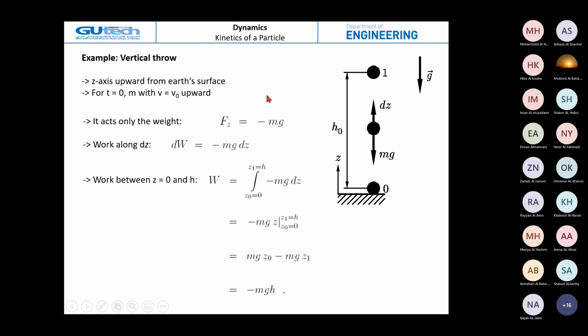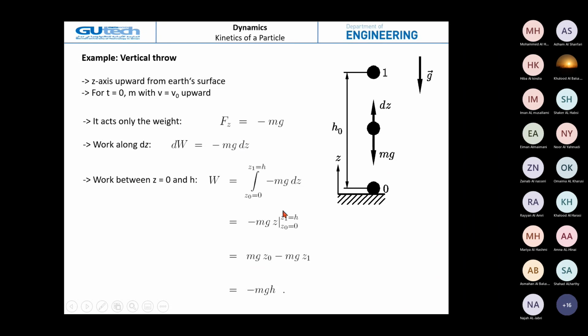Now, if we apply the principle, only the weight acts, as Fz in the direction of z, which will be only minus mg. This is the force we get here, in the same direction as the motion. The work along dz, dW, will be only minus mg dz.